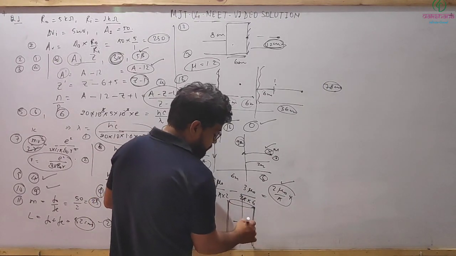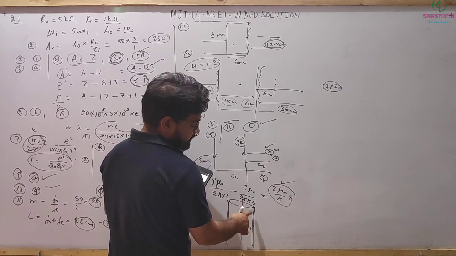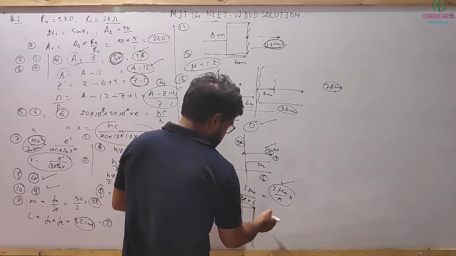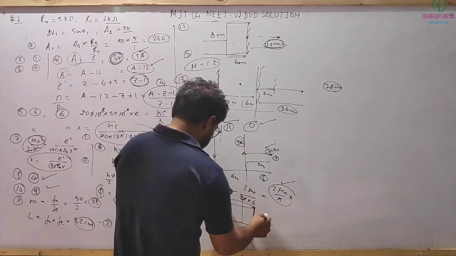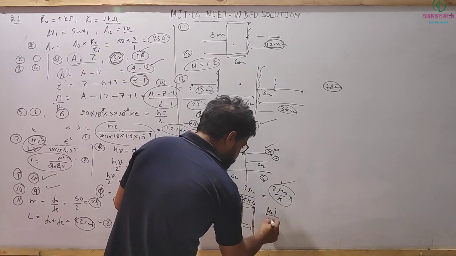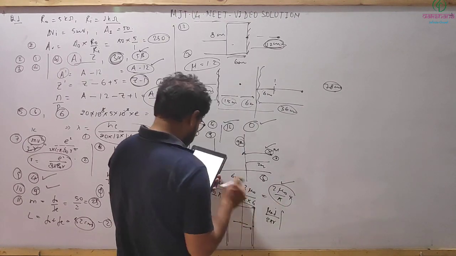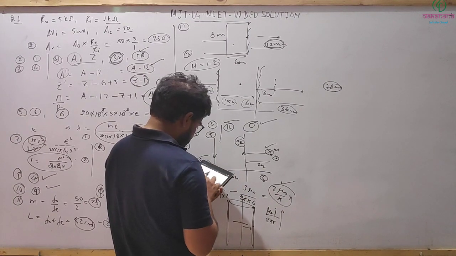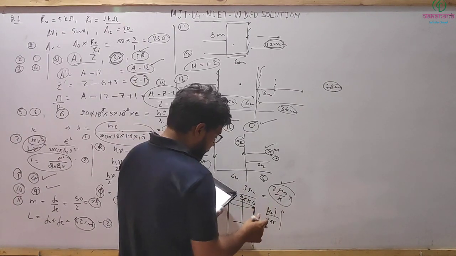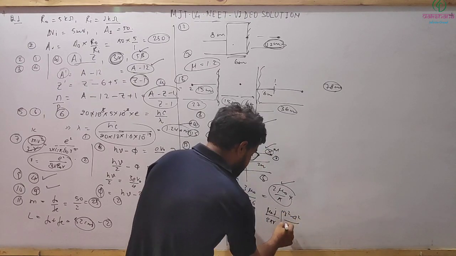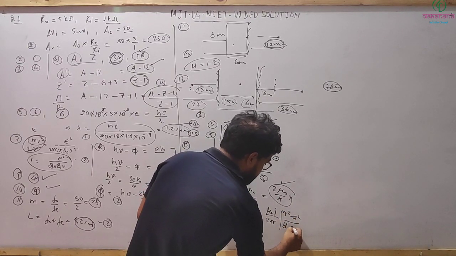In this region there will be magnetic field varying, and because it's inside, it will vary like this actually: mu naught into I divided by 2 pi R, into the net I enclosed, which we need to write as R square minus A square divided by B square minus A square.